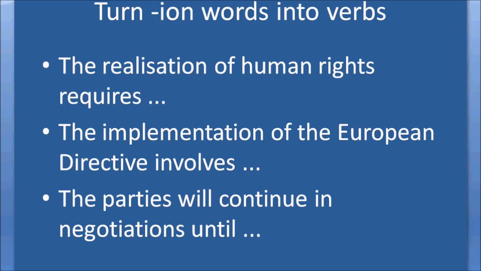Implementing the European Directive involves. The parties will continue in negotiations until the parties will continue negotiating, and so on. So in each of these cases we see a shun ending word, an ion ending noun. There is very often a simpler, more direct verb available.